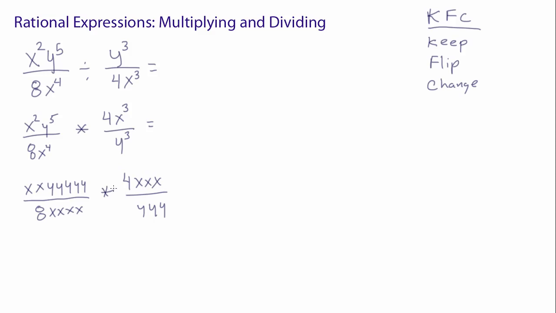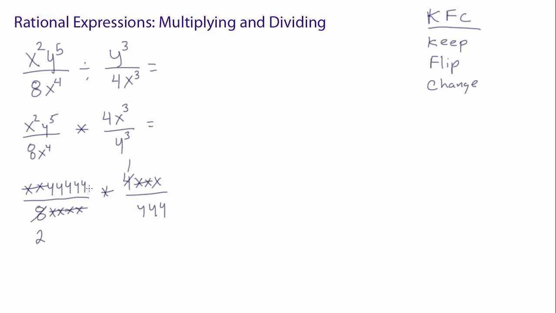Okay, so let's see. 4 goes into 4 once. 4 goes into 8 twice. I have 2 factors of x on the top, and I can cancel 2 factors of x in the bottom. I have 2 factors in the bottom and 3 on the top, so I can definitely cancel out 2 more. What else can I cancel?